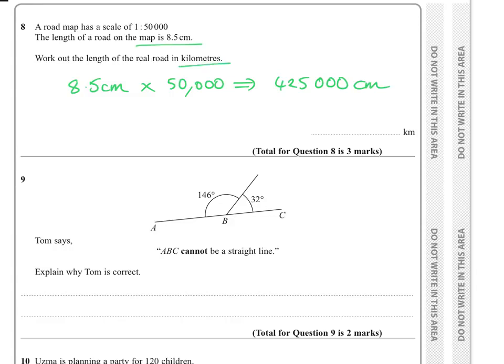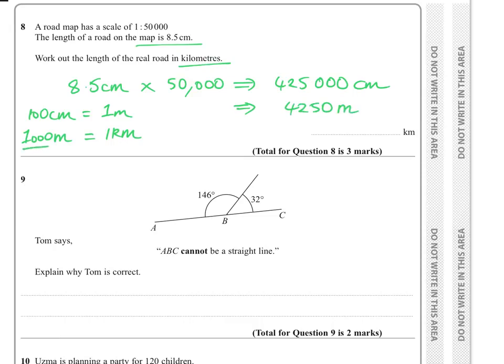Now, that's in centimetres. We've got to change to kilometres, so that's quite tricky. So if we remember that 100 centimetres is just 1 metre, and 1,000 of those metres is 1 kilometre, we should be okay. So let's convert this to metres first. So for every 100 will give us 1 metre. So if we divide that 425,000 by 100, we will get 4,250 metres.